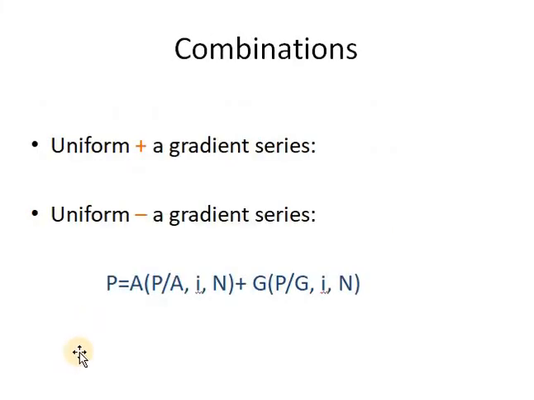Now, sometimes we get to work with combinations, meaning that we are dealing with a pure gradient and an arithmetic gradient, where we have an annuity plus the gradient.